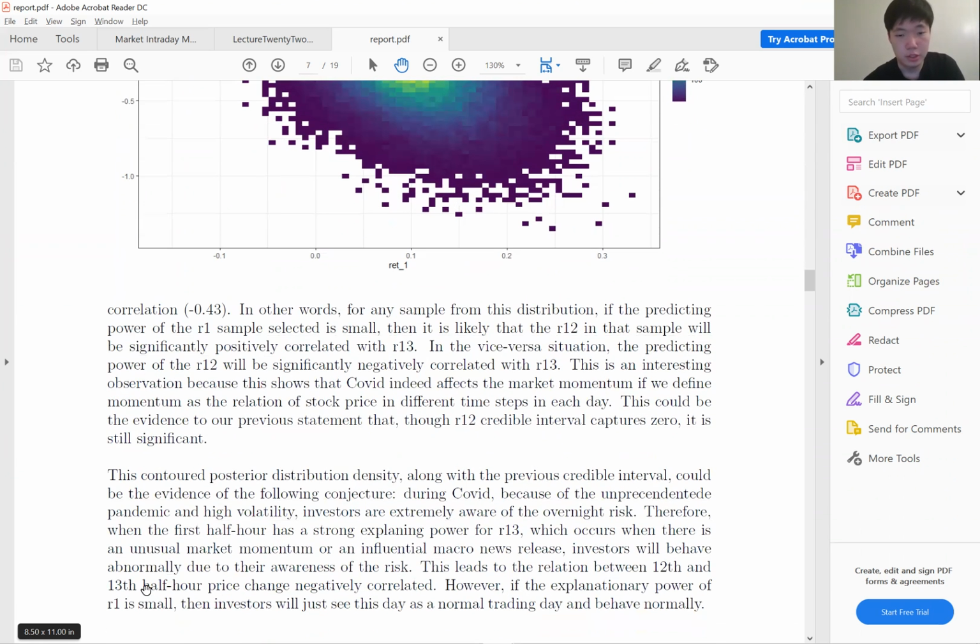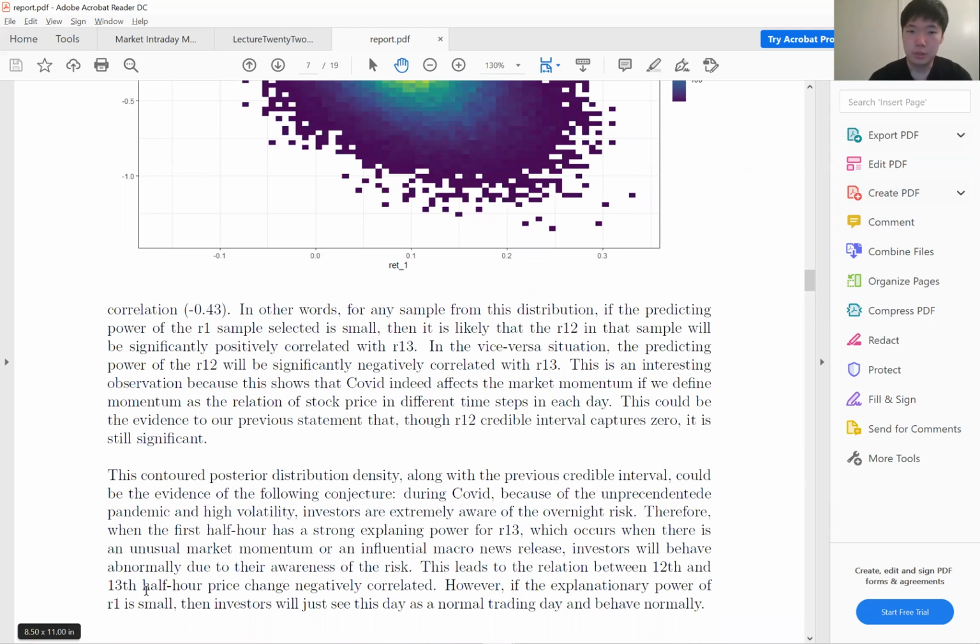A conjecture I can think of is that during COVID, because of the unprecedented pandemic and the high volatility, investors are extremely aware of the overnight risk. They don't want to leave their money in the market that long.